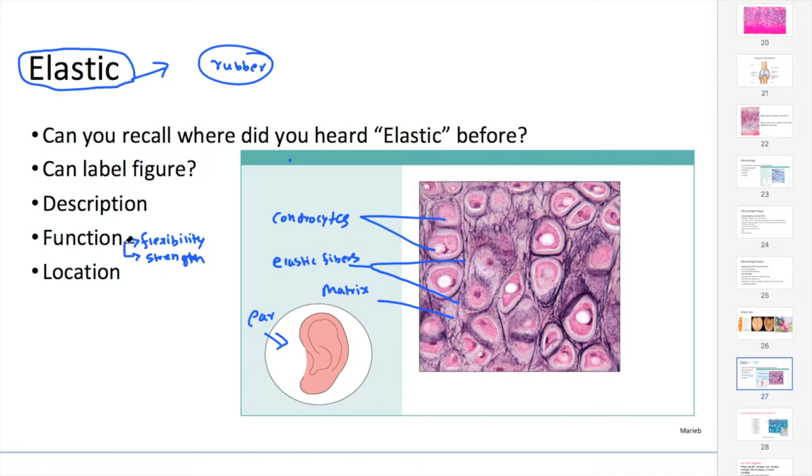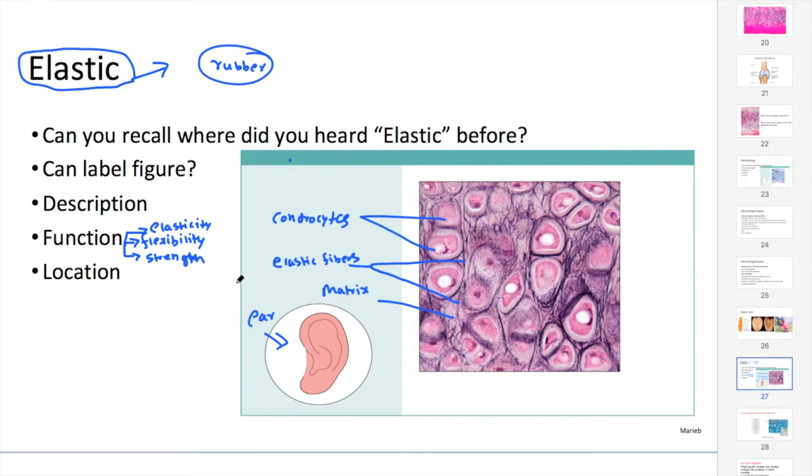One more thing, when you're talking about function, what might be another function? Another function is called elasticity. Flexibility and elasticity go together. It doesn't matter, so either one you want to pick, just do that.